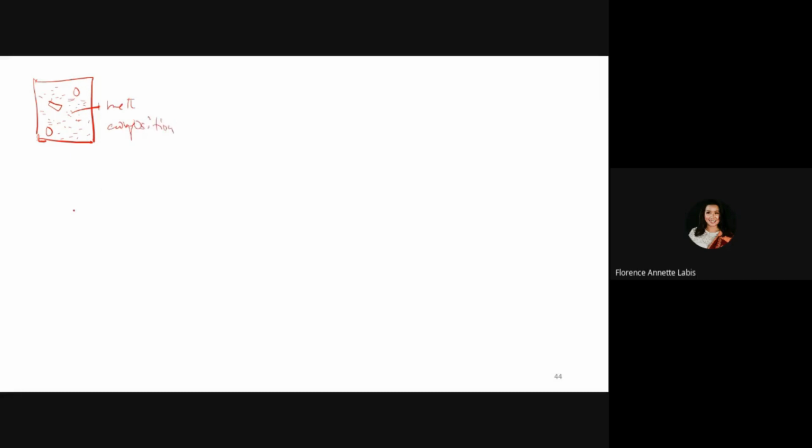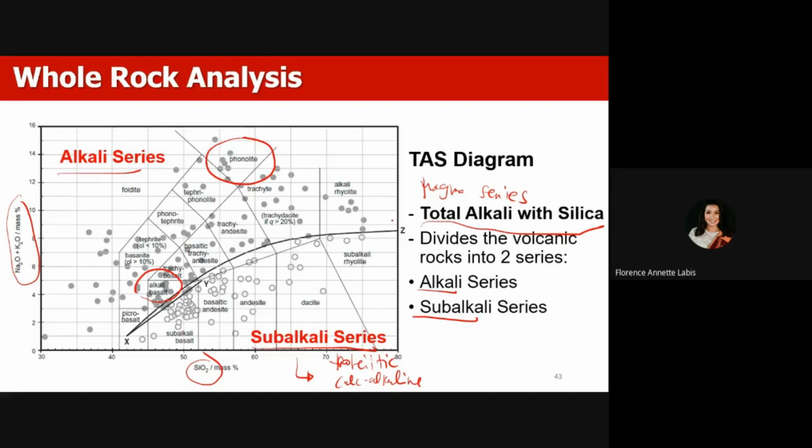So if we analyze volcanic rocks, that means we are getting the composition of the magma from which they formed. Going back to this slide, I mentioned the magma series, which includes alkali and subalkali. If you divide subalkali, you have another magma series, tholeiitic and calc-alkaline.